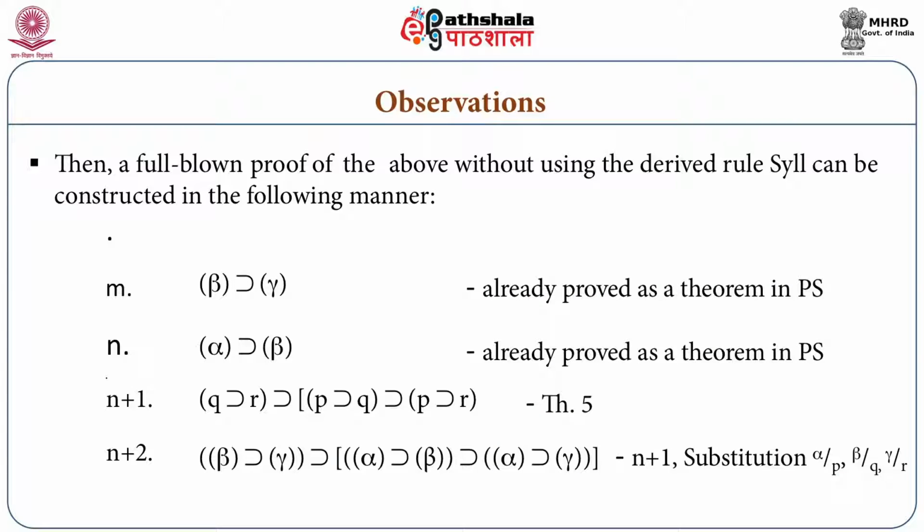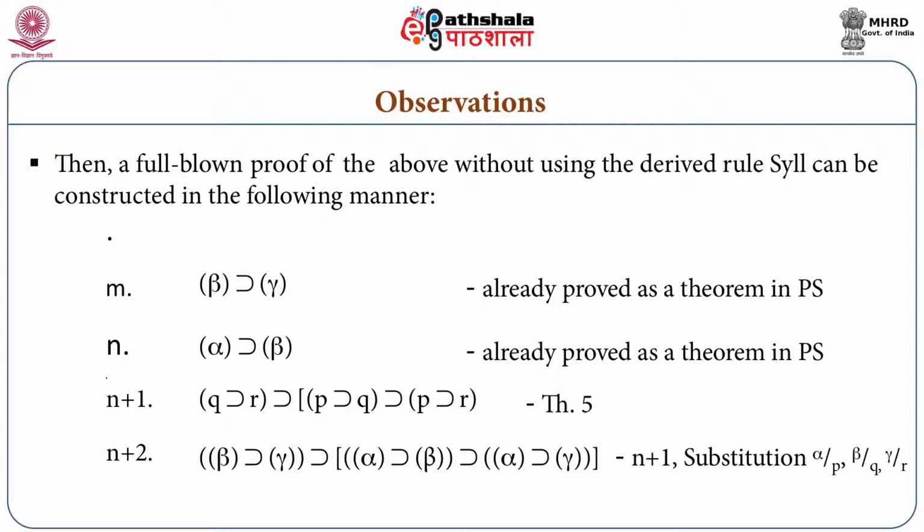Now we have shown the general structure of a derived rule. We can generate a full proof, a meta proof, for this general structure. And now let us look at this meta proof. The dots are an indication that there may be a series of derivation which has occurred earlier, and at a certain step m we have beta implies gamma, assuming that this is already a theorem, which means it has been proved or justified before.